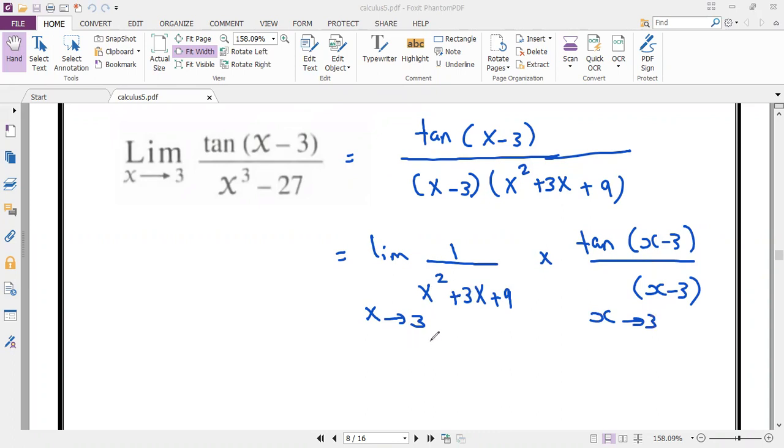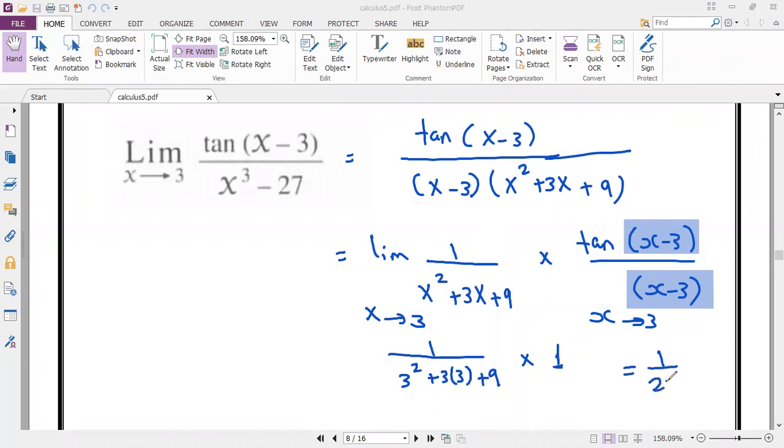So this first one is going to be 1 over 3 squared plus 3 times 3 plus 9. The variable at the top is the same as the variable at the bottom, so that limit is 1. So it's 1 over 27 multiplied by 1, which is 1 over 27.